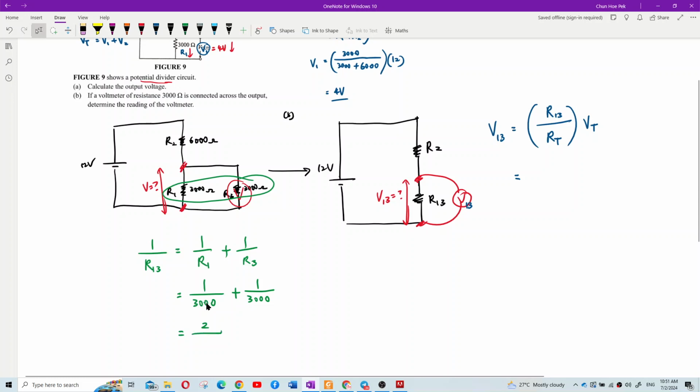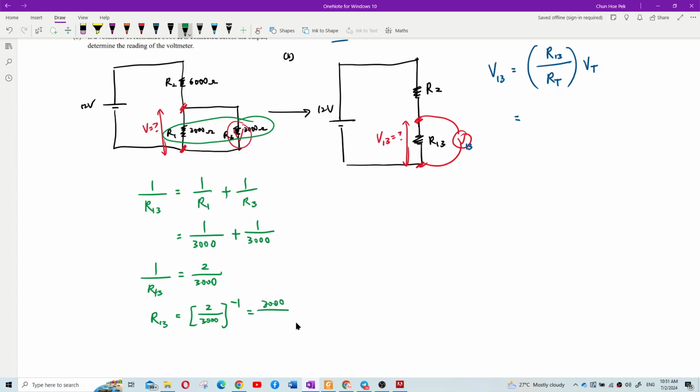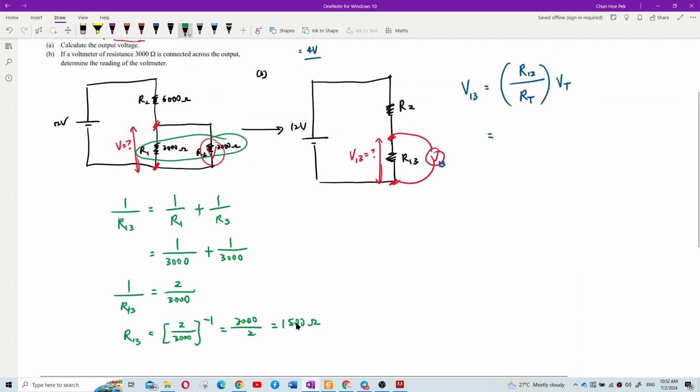Okay, so this is 2 over 3000. Remember, this is just 1 over R13. So for R13, what do we do? Flip it. So it becomes 3000 over 2. Don't forget to flip. So 1500 ohm, right, class? So now this R2 is 6000 ohm, but R13 now is 1500 ohm.